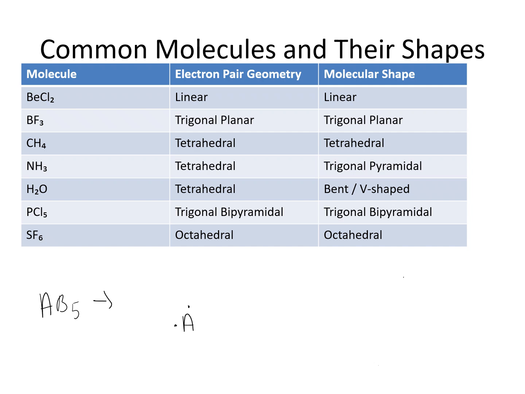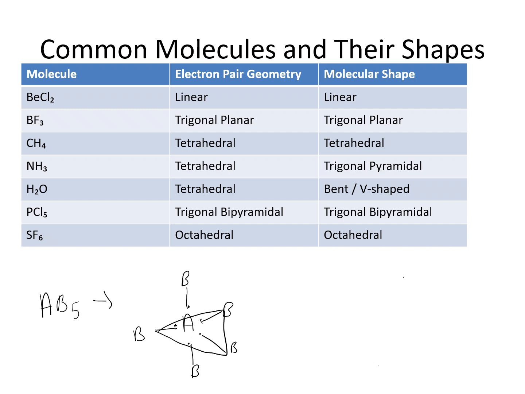See, this is the shape of trigonal bipyramidal geometry. Why is this called trigonal bipyramidal?